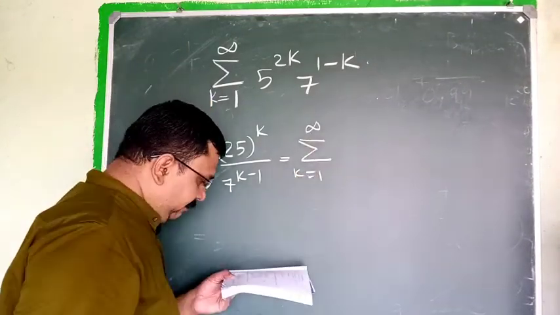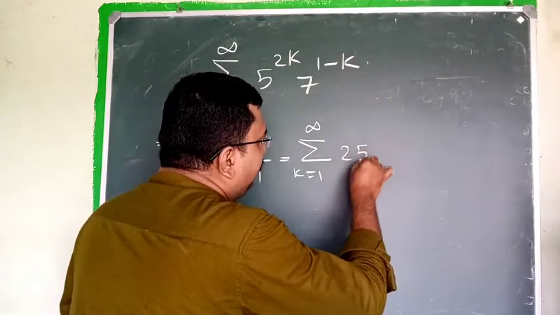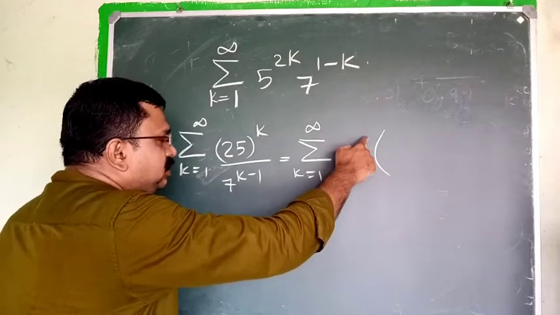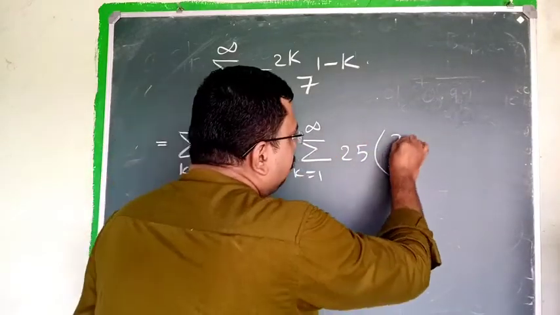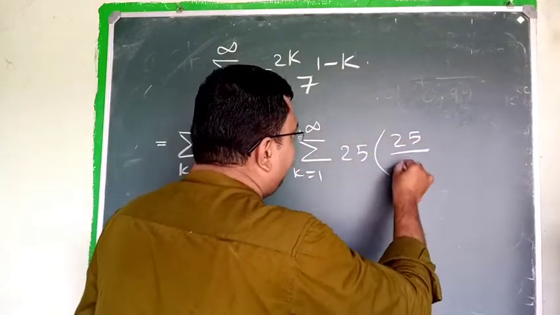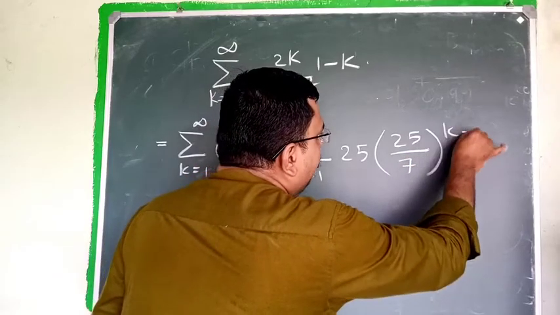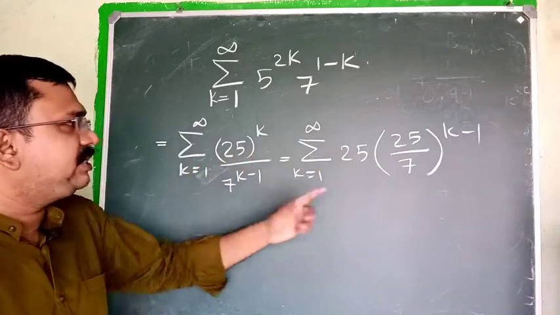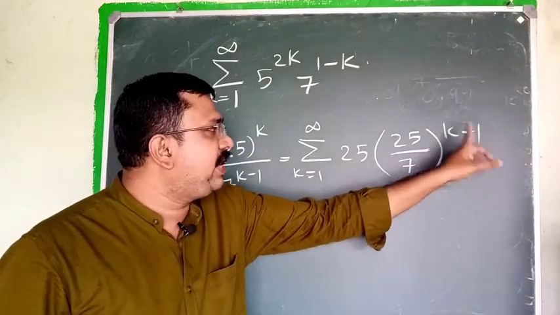Sigma k equal to 1 to infinity 25 into 25 raised to k minus 1. Look at that, 25 is taken outside, then the remaining is 25 raised to k minus 1.